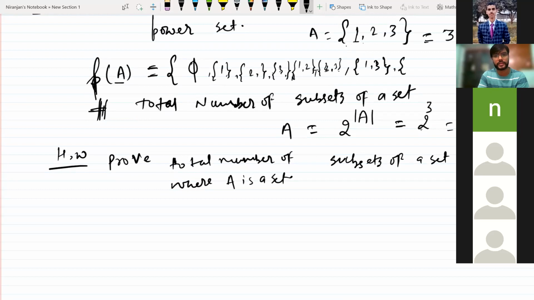So 1, 2, 3, 4, 5, 6, 7, and 8 is the last one. Right. So we have done power set. What else?